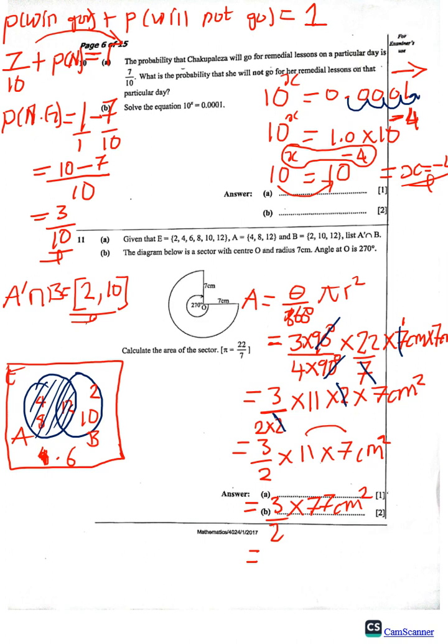Now 3 over 2 is the same as 1.5. If we divide, 2 into 3 is 1, remainder 1. 2 into 1 is impossible.